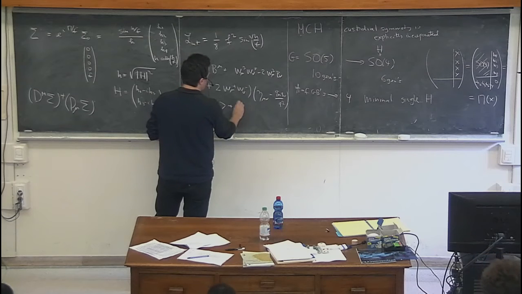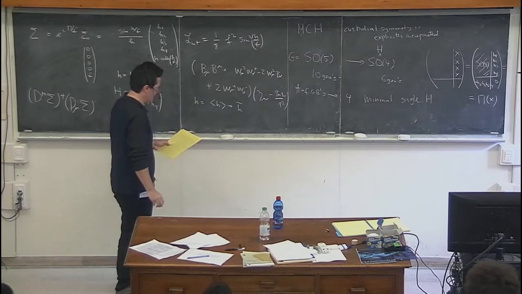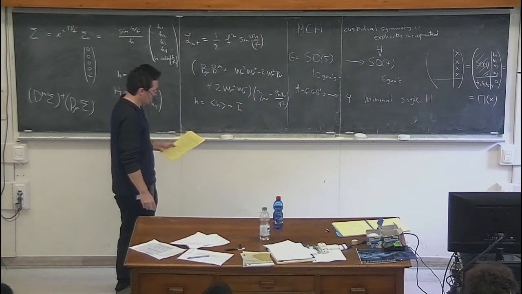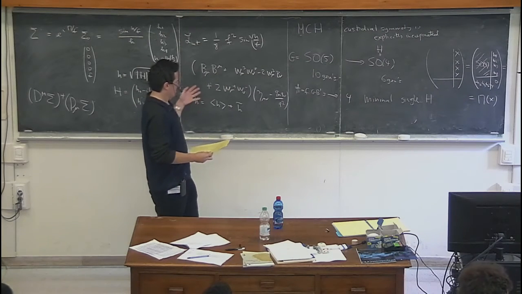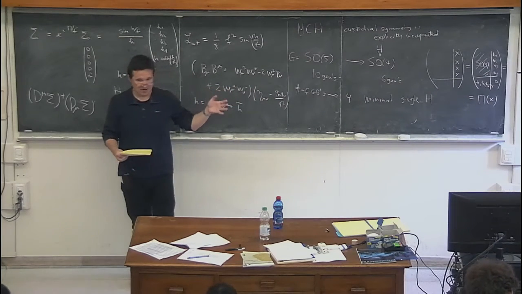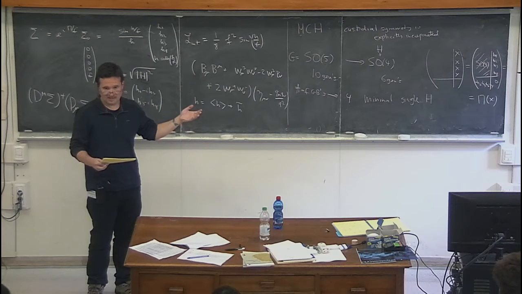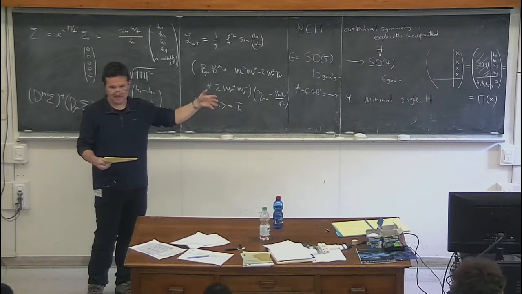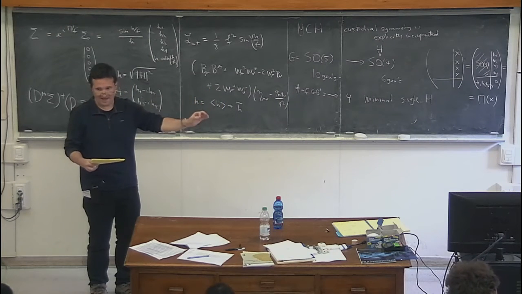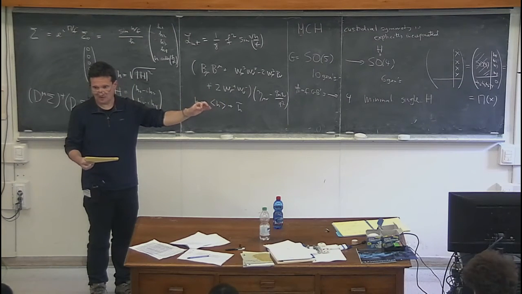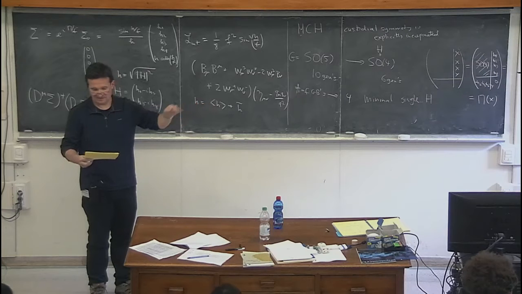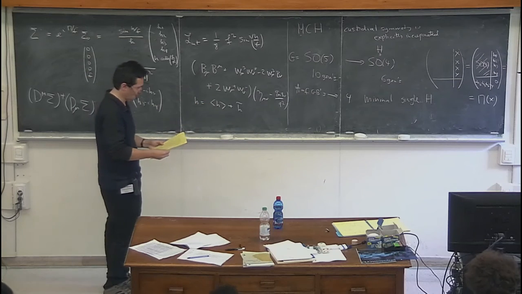I'm going to call it H tilde. And what you will find is that the expressions you are getting, for example, for the interactions between the W's and the Higgs, are not quite exactly the same as what you're getting in the standard model. There will be small corrections to that.